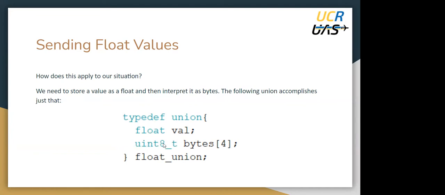And the other one is an array of 4 8-bit unsigned integers, which is basically just 4 bytes. And so each one of these could individually be sent over the serial port using serial.write.